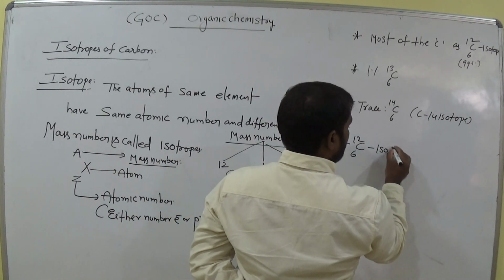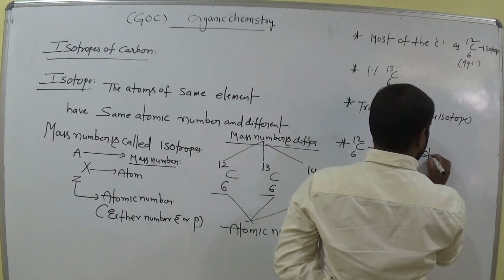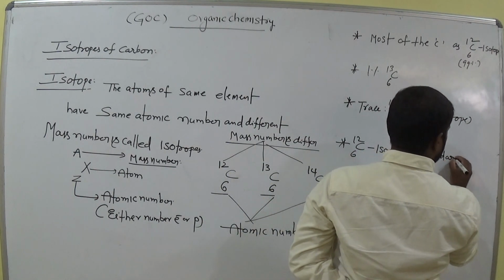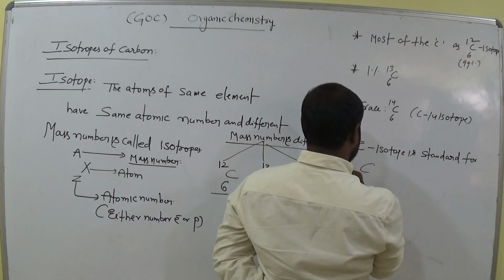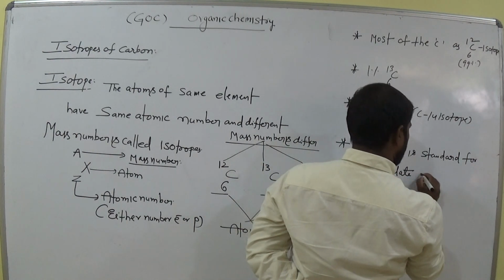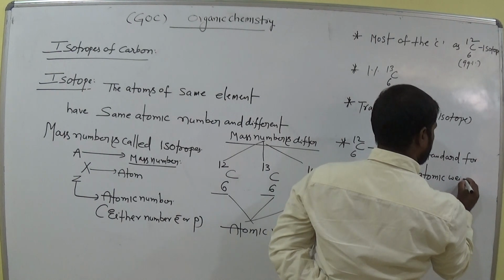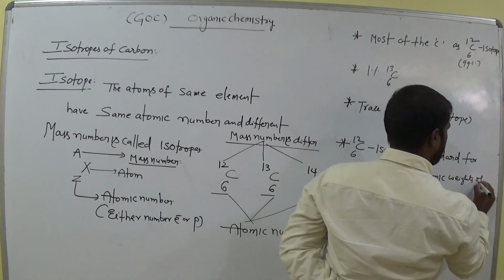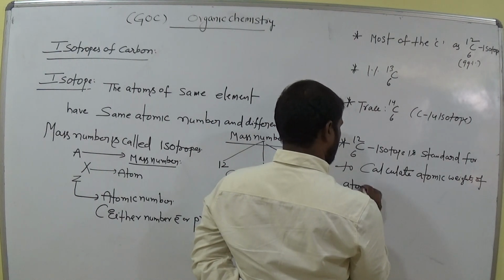C12 isotope is standard to calculate atomic weights of atoms.